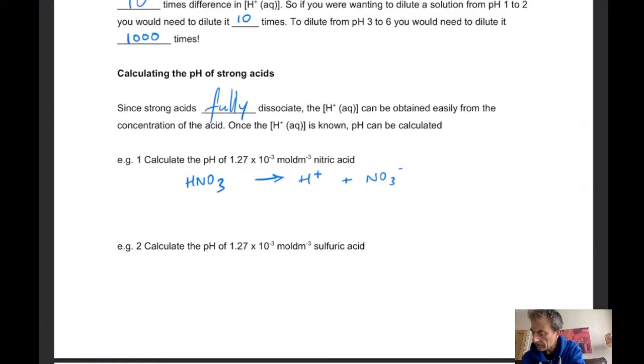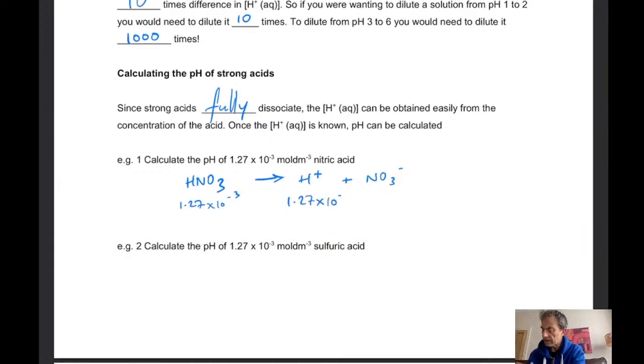So if the concentration of the acid is 1.27 times 10 to the minus 3, look at the mole ratio, it's 1 to 1, so if you've got that many moles of that, it's going to generate the same number of moles of H+, and because that's in the same volume, it's the concentration as well. So 1.27 times 10 to the minus 3 is the concentration of the H+ ion.